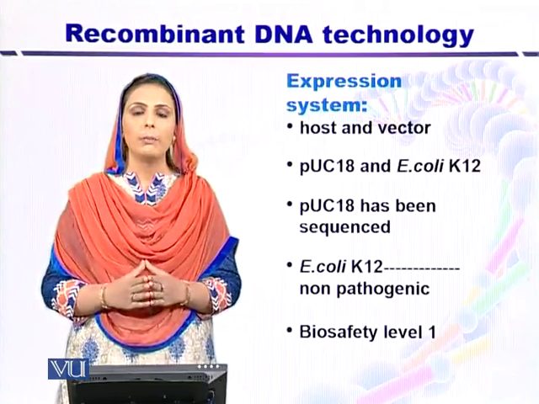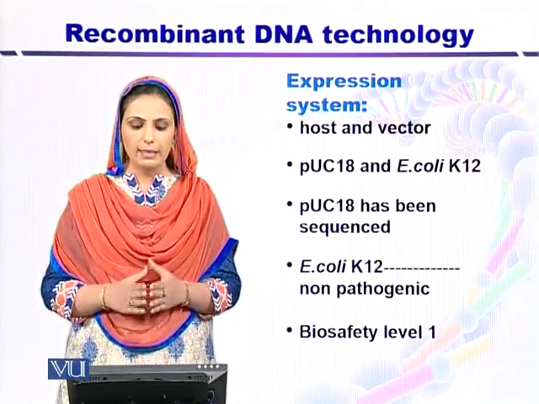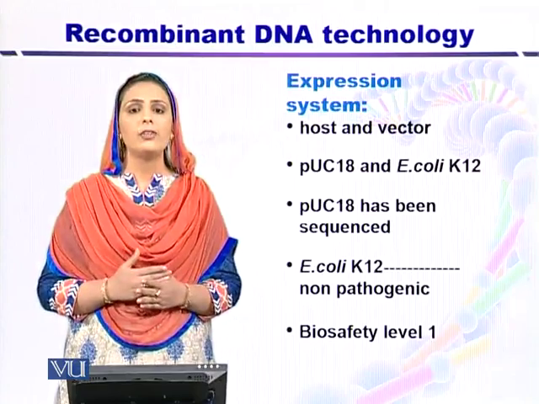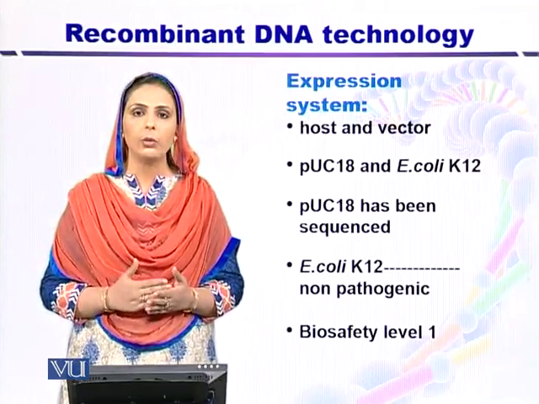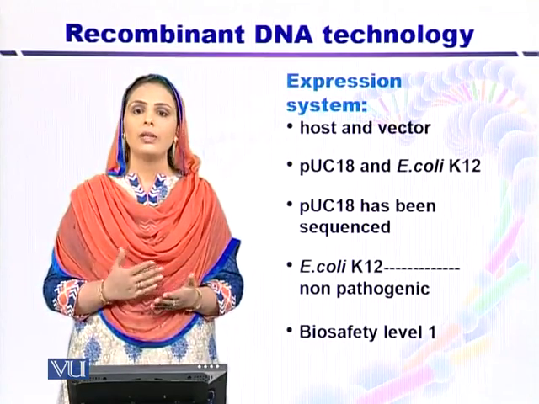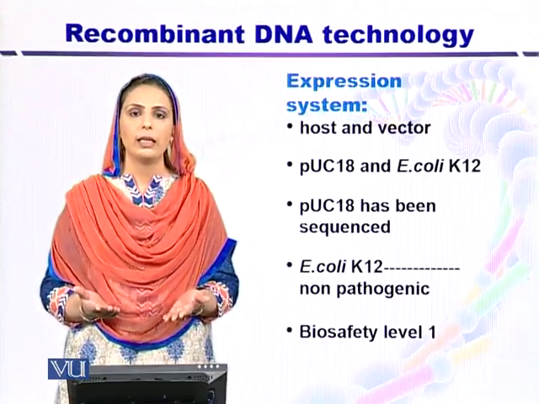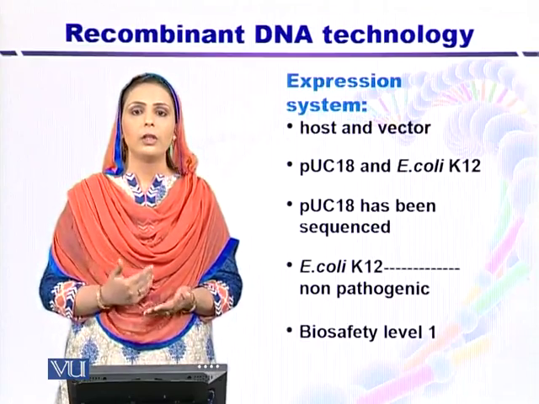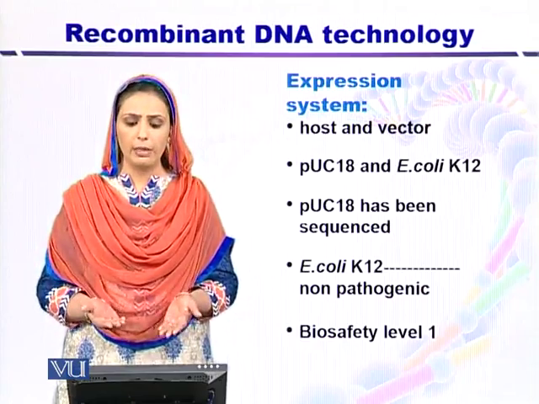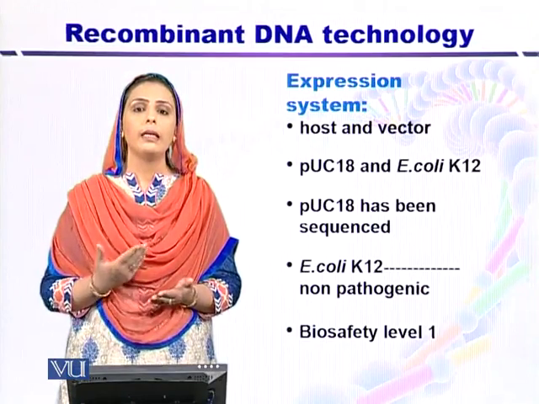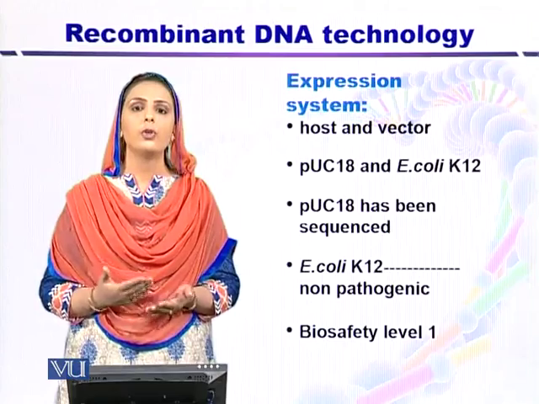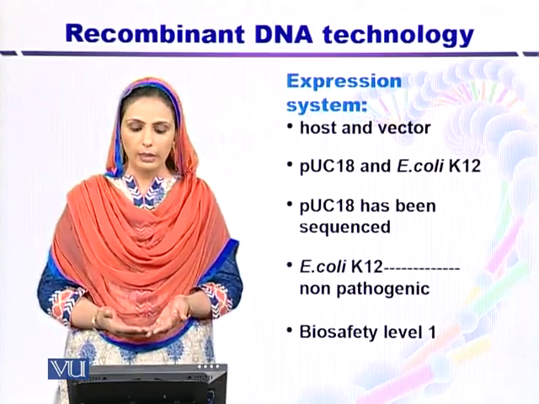Why is it so? Because it is completely sequenced. Now pUC18 is used in combination with E. coli K12 because E. coli K12 is non-pathogenic. It occurs in the gut of human beings and of animals. So here in the expression system we make use of biosafety level 1.